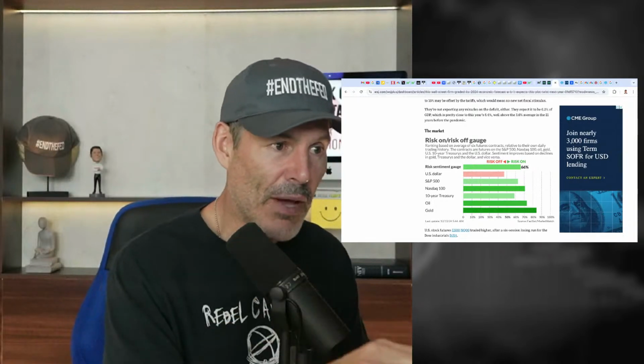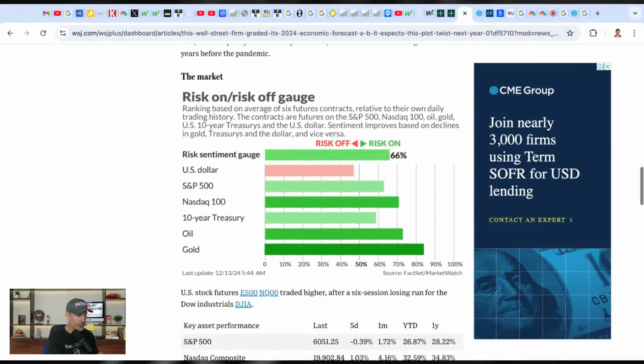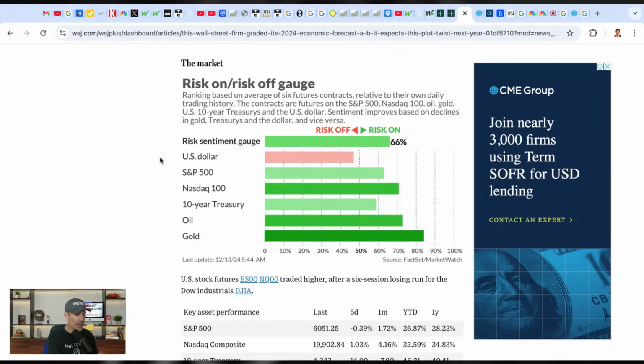Okay, getting back to this chart here: US dollar, S&P 500, a risk off, risk on gauge. So I guess what they're doing here is looking at, let's just call them asset classes, and trying to ask themselves, what is this price action telling us about the market's view of what's going to happen in the economy in 2025?